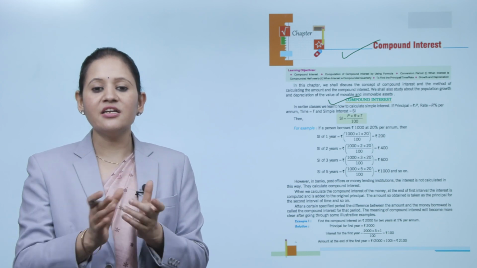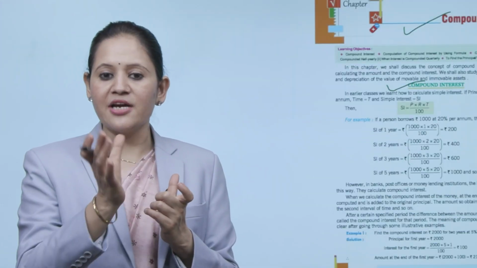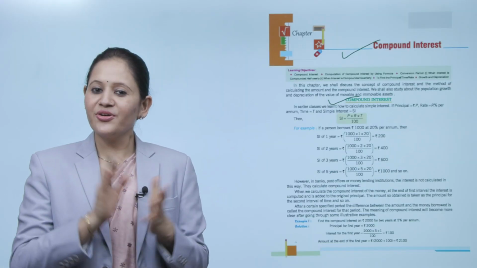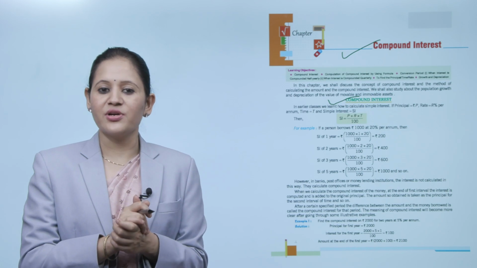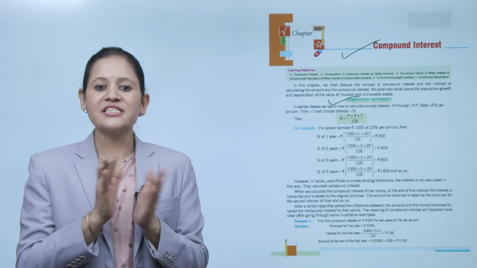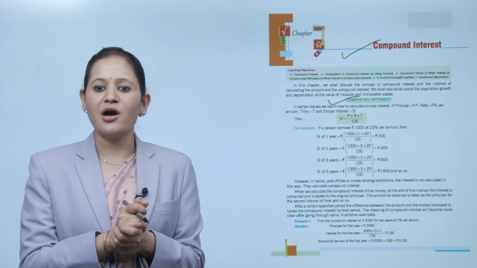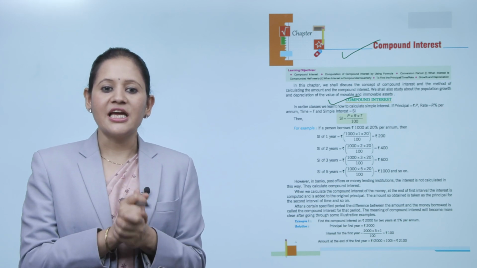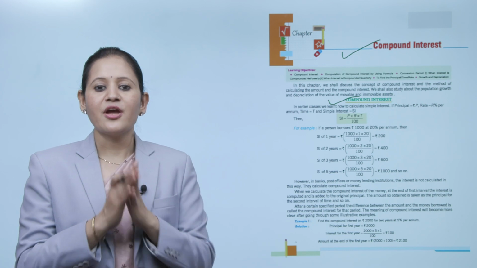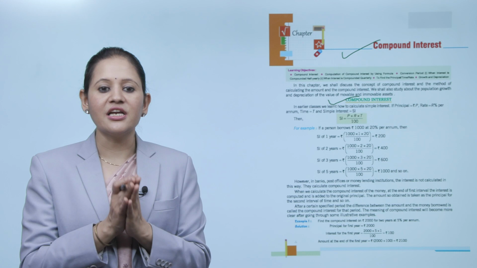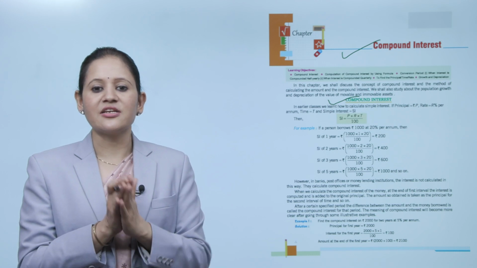And for the second year, the amount, that is the principal plus the interest added, is taken as the principal. So, that is how we calculate the compound interest. After a certain specified period, the difference between the amount and the money borrowed is called the compound interest for the period. The meaning of compound interest will become more clear after going through some illustrative examples.